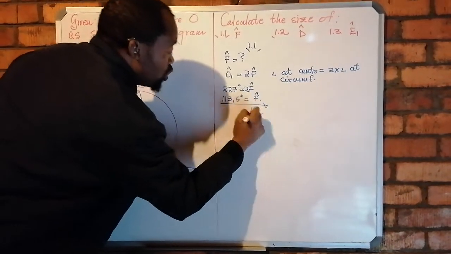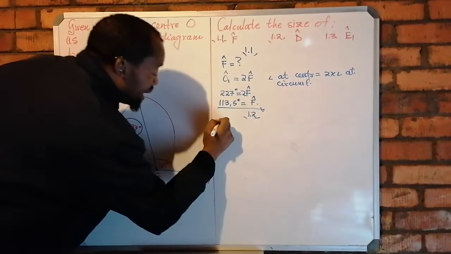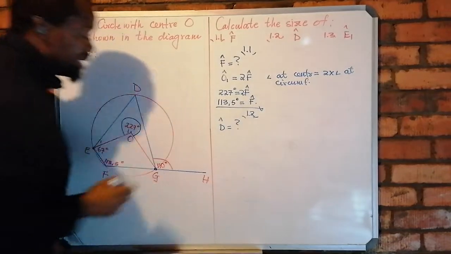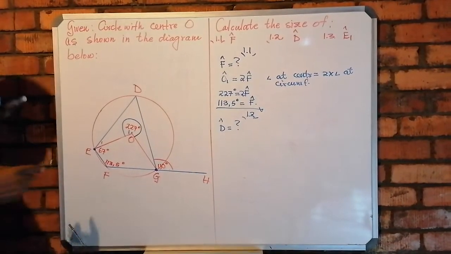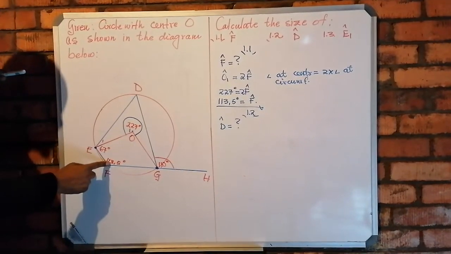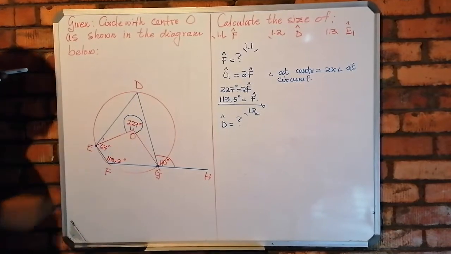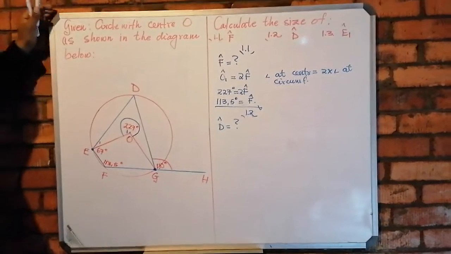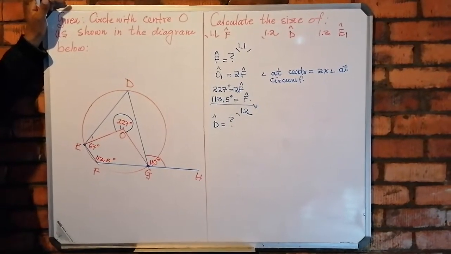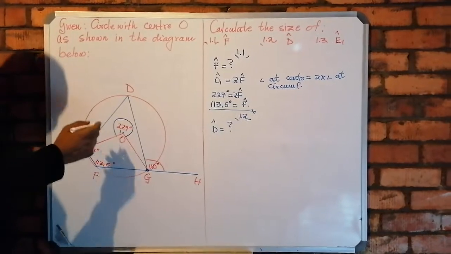That is 1.2. Calculate the size of angle D. I spoke about logic. Look at that. This helped us to determine this. And this is going to help us to determine that. It is like I'm playing soccer now here. You pass, I pass, you pass, I pass. Now, what do I know about these two angles?